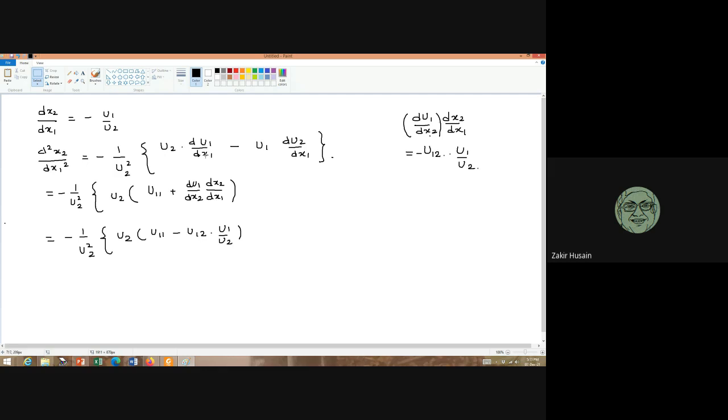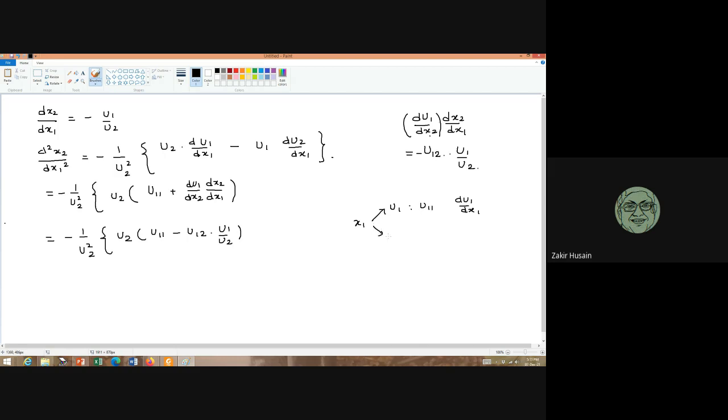Now if x1 changes, I want to see how u1 is changing. When x1 is changing, you have a direct effect on u1. This is u11. The other change is indirect.